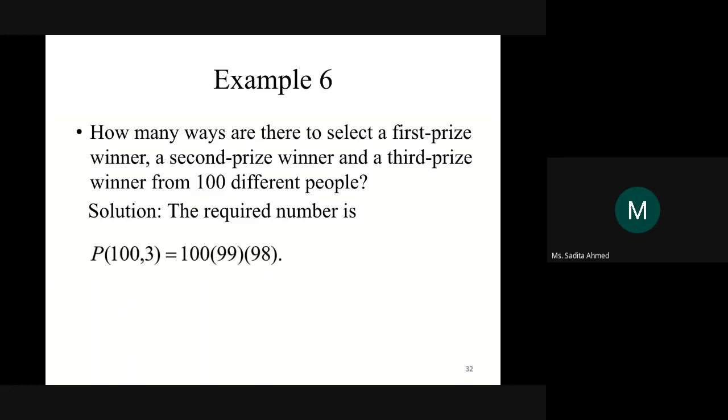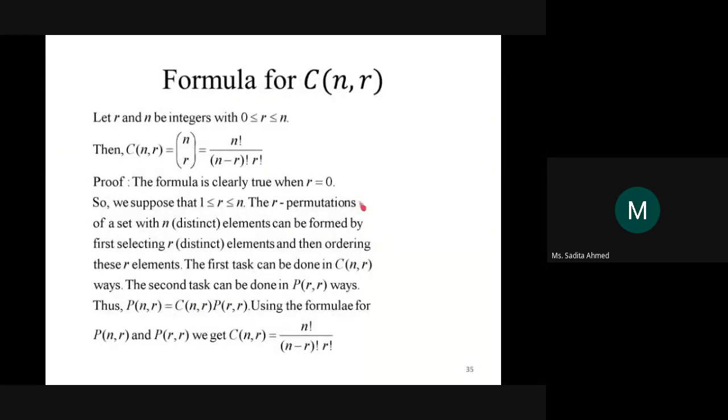Again, P33, right? If I go with Nafisa, Fatima, and Jarif, that's a new selection, and for that selection, again, you have P33 permutations. So first, you have C(n,R) ways to select the R objects. And then for each and every one of these choices, you have P(R,R) ways to count the permutations within the R selection.